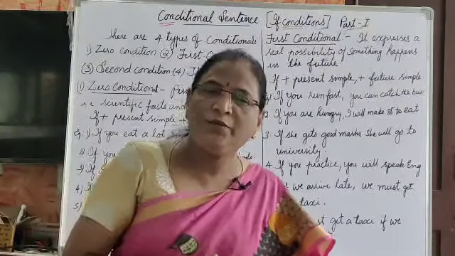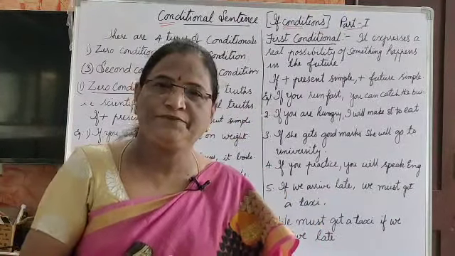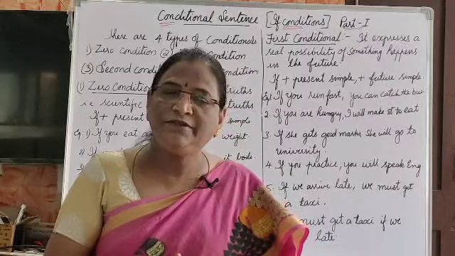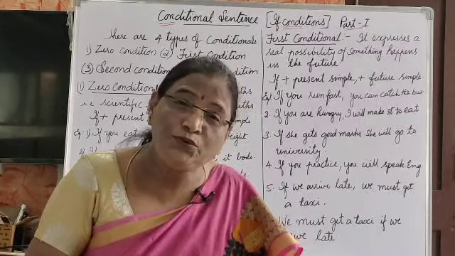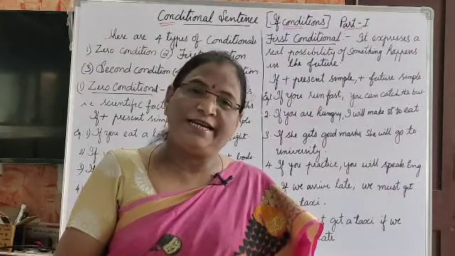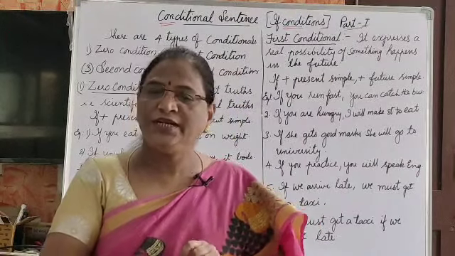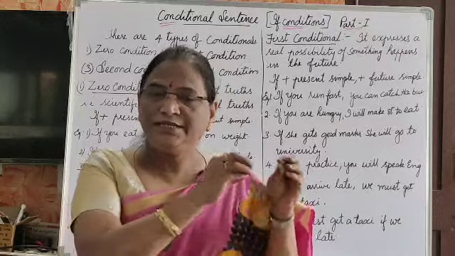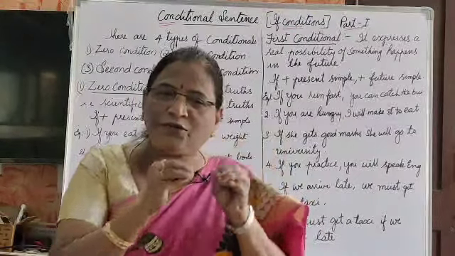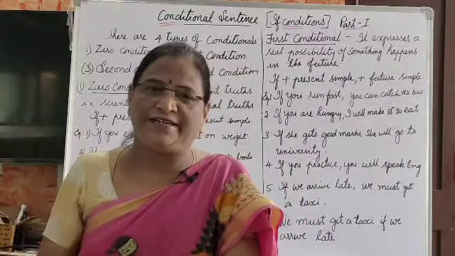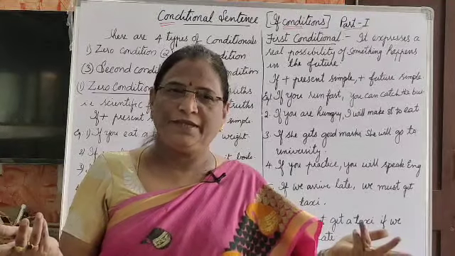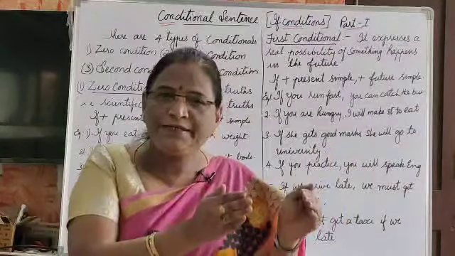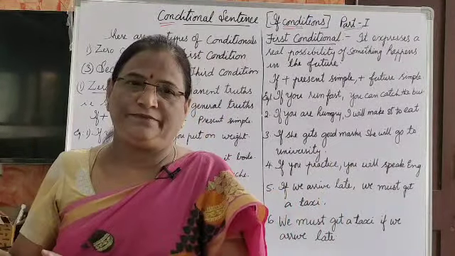When we talk about the zero conditional, we talk about general truths or scientific facts. Zero conditional is nothing but something which always happens, that is, it talks about a general truth or a scientific fact. That means if this happens, then this happens.